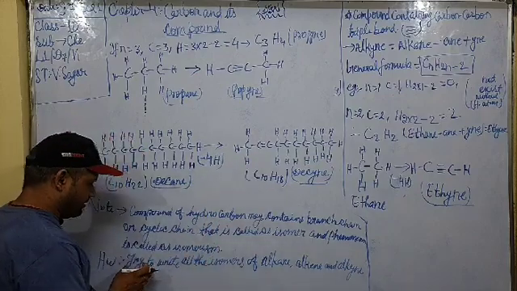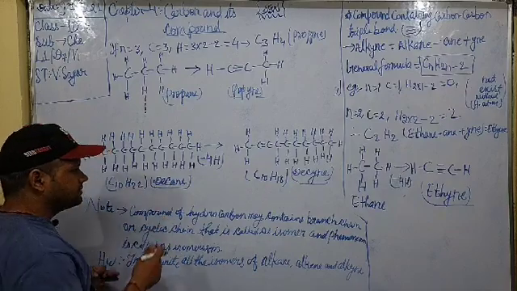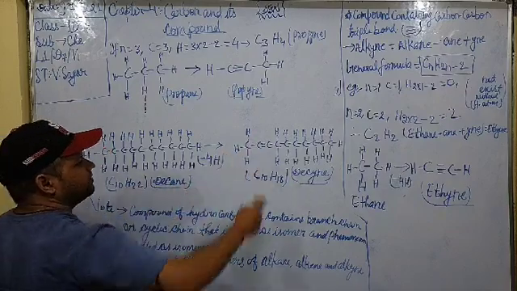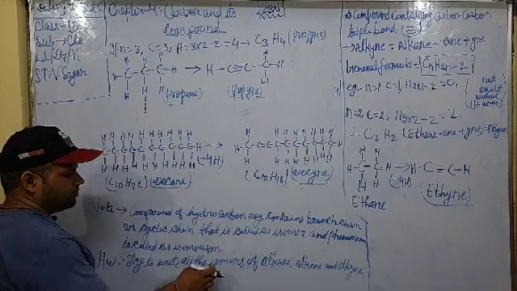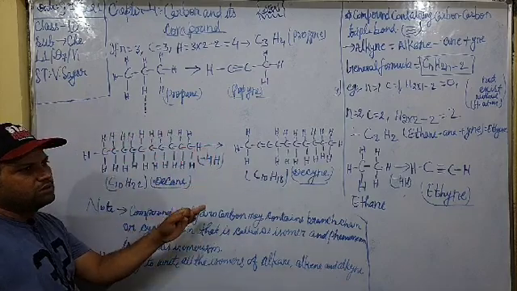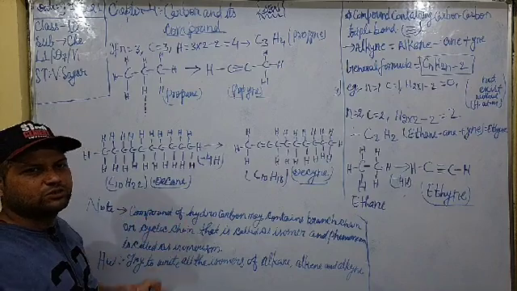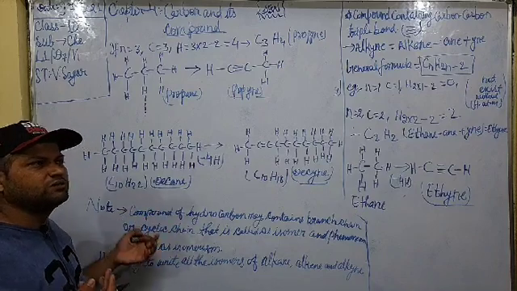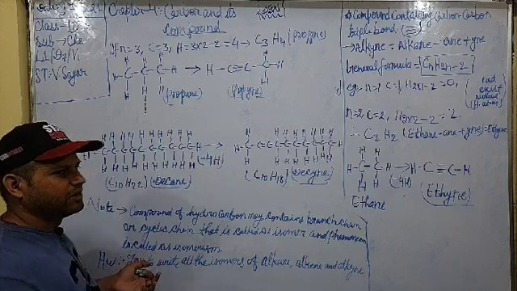As I have asked you, write all the isomers by shifting the bond from one position to another, for alkane and alkyne also. These are called isomers, and the phenomenon of having isomers is called isomerism.